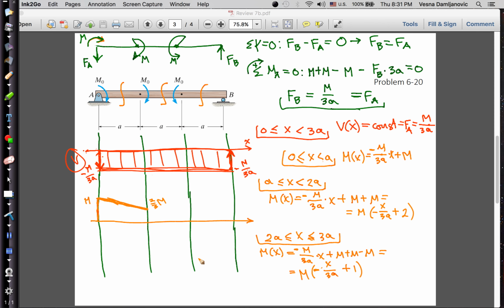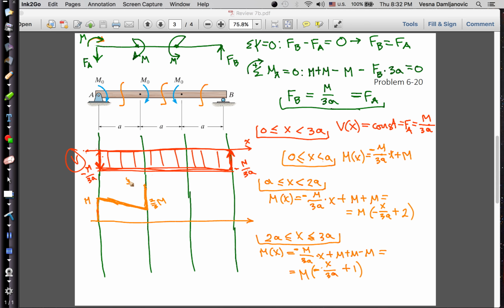And then from there, let's see what happens next. What happens next is from this span to that, we need to have a jump of a positive moment. So now that goes up again by the same amount as this, by M, because look, this guy comes up and adds itself up. So 2/3 M plus 3/3 M, which is 1M, is 5/3.